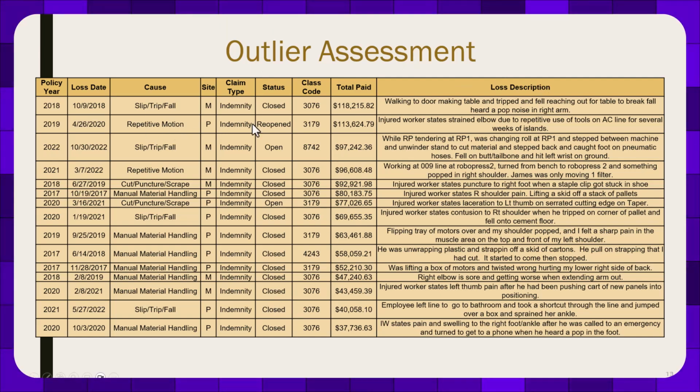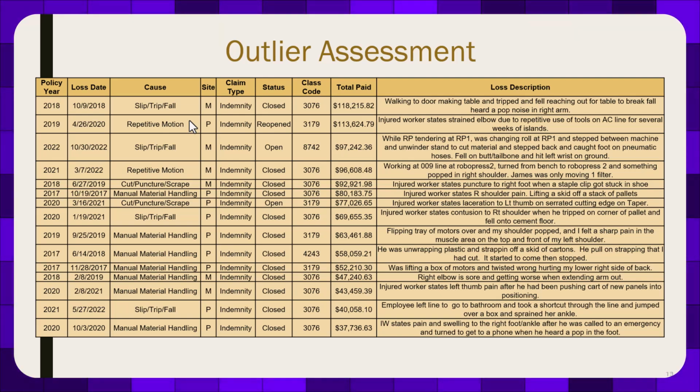And I like to analyze the outliers as well, simply because there's been such a big movement. It's called the SIFs, serious injury fatality. I don't fully believe it yet. And so I always look at the outliers to find out: is there something unique about these claims that would not be otherwise considered through our current means of evaluating job hazards?